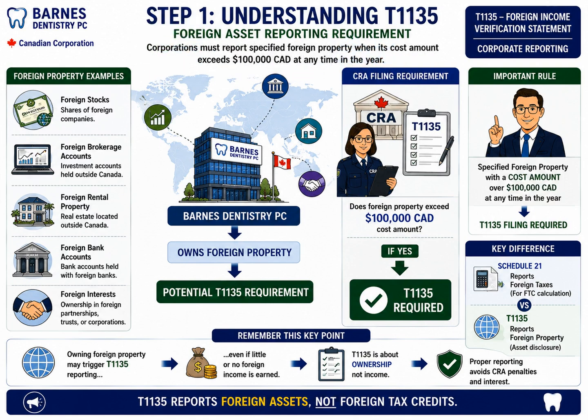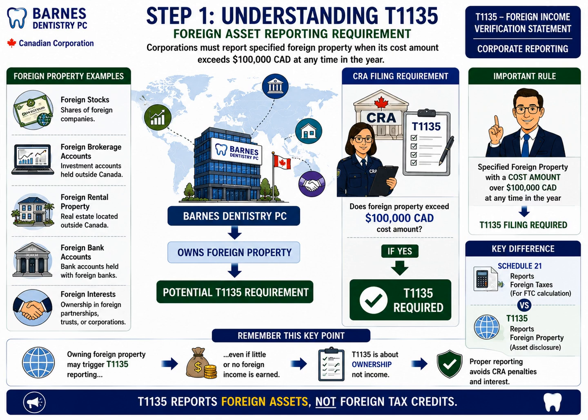When the total cost amount of specified foreign property exceeds $100,000 Canadian at any time during the year, a filing requirement may arise. Unlike Schedule 21, which focuses on foreign taxes, T1135 focuses on foreign property ownership and international reporting compliance.